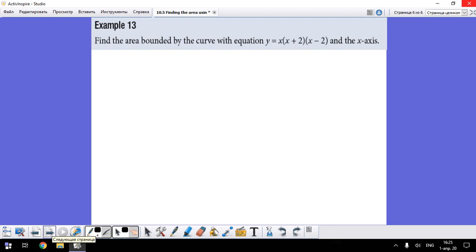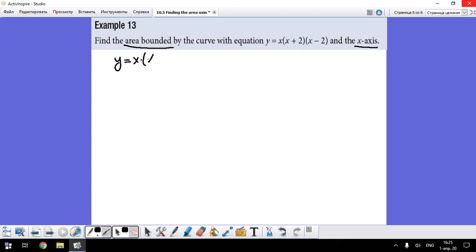Find the area bounded by the curve with the given equation and the x-axis. So again we need to find the area bounded by the curve and the x-axis. How do we solve this type of example? Let me show you.